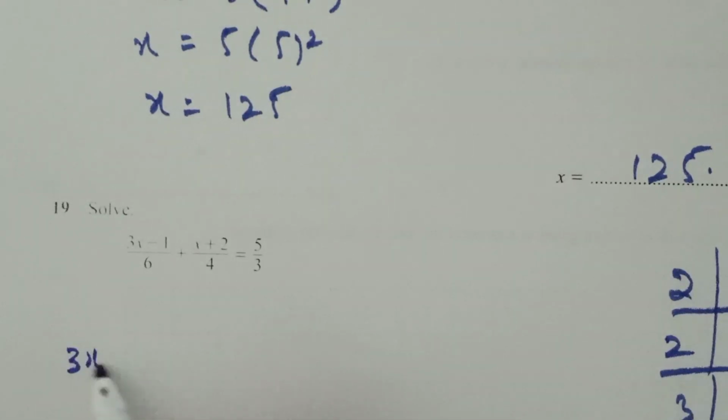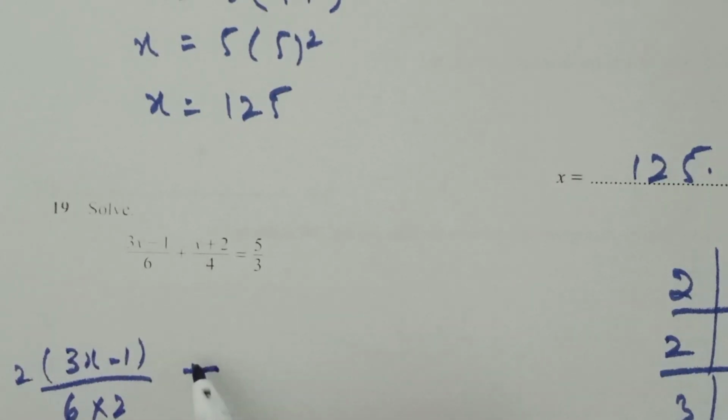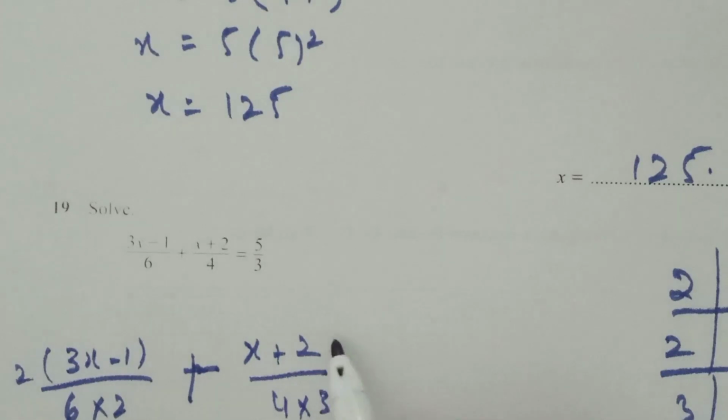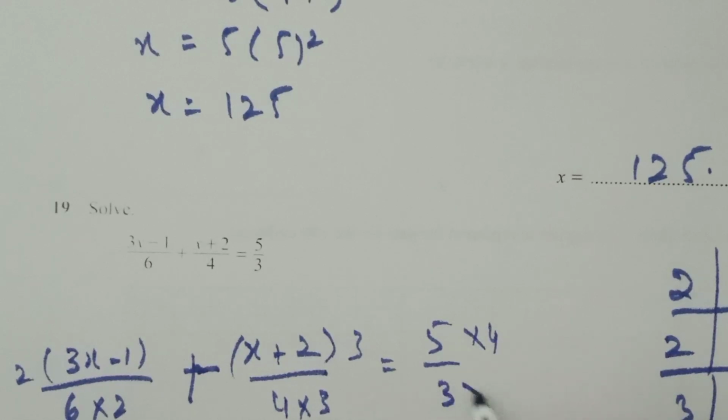We multiply the first term by 6 and 2, plus 4x multiplied by 3, and the last term 3 multiplied by 4.